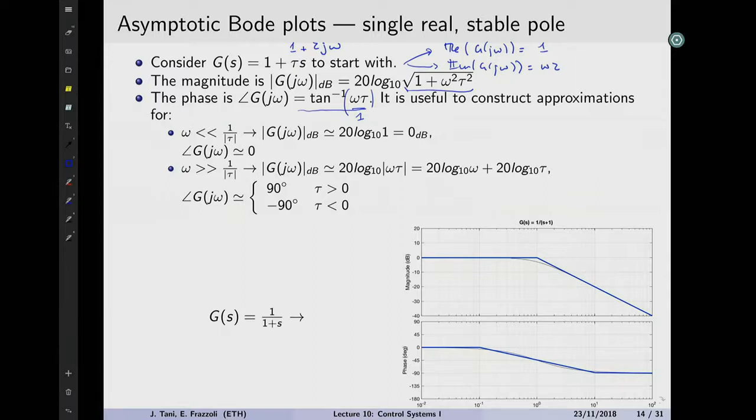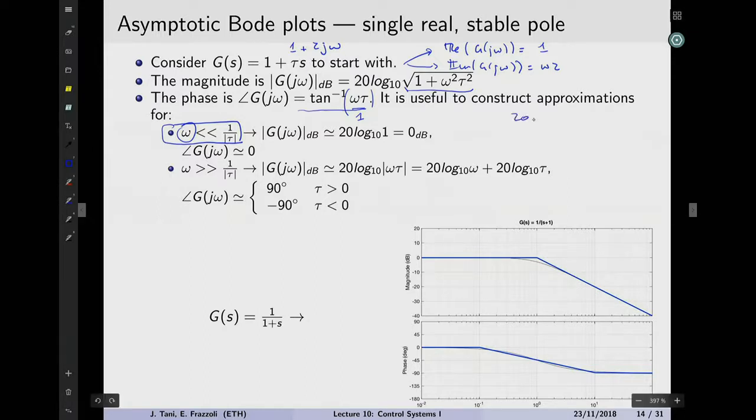Suppose we analyze the asymptotic behaviors, as omega goes to 0 and as omega grows to infinity, becomes very large, but very large with respect to what? So if omega is much smaller than 1 over the absolute value of tau, what happens?